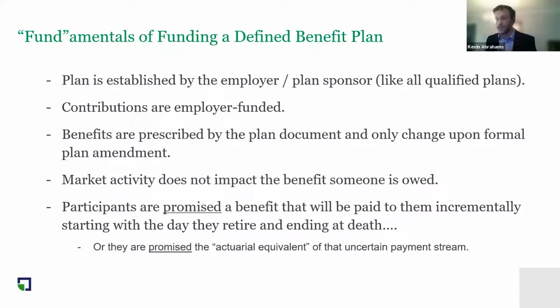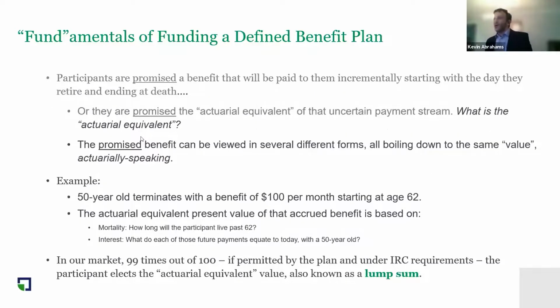So basically the plan is defined as the name implies. There are different options, and Dave kind of spoke on this a little bit. The typical defined benefit plan says this employee comes to work for me. When they retire, they'll get $100. This is just a simple example, but $100 per month from the day they retire at age 62 for the rest of their life.